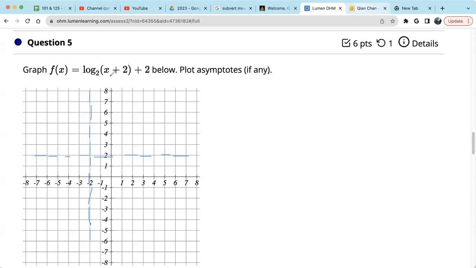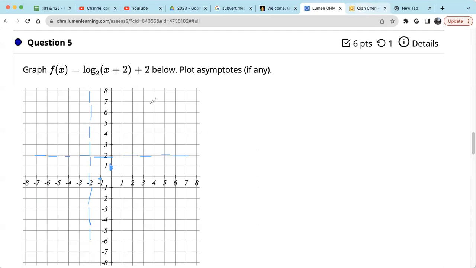Well, if x equals 0, we get 0, 1, because log base 2 of 2, when the base and the value are the same, we get 1. So let's graph that point. So we have 0, 1. 0 is here, 1 is here. So get this point. If x is -1, we get 0. So get this point on the x-axis.